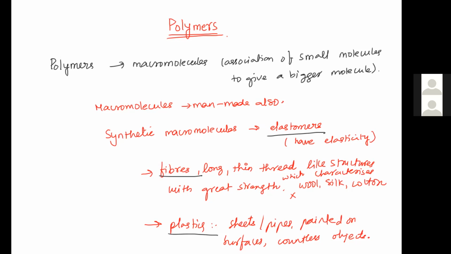Now, these polymers, as I said, are macromolecules, both natural and man-made. They have great size. That's why we call them macromolecules. They are polymers, which means many parts. Each one of them is made up of many simpler units which are identical to each other, or at least have some similar chemical properties.